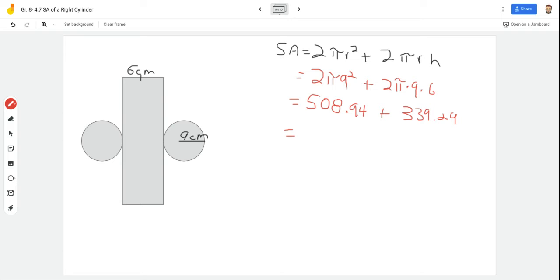Again, we can add those two together to get the full surface area of this net of a cylinder. So 508.94 times 339 is, let's see here, 172,000. Oops, that's wrong. I've been multiplying. Don't forget that this is an addition sign.